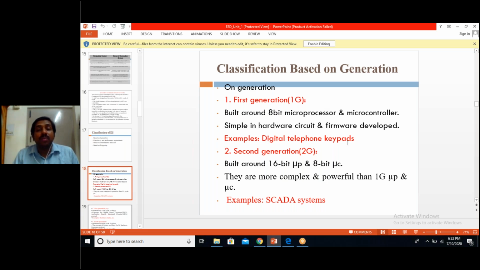Second generation systems are built around 16-bit microprocessors and 8-bit microcontrollers. They are more complex and more powerful, and the example is SCADA systems.